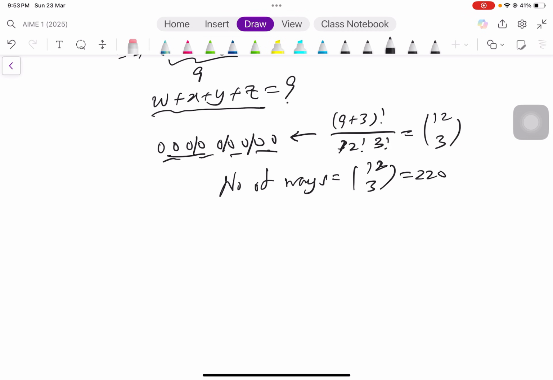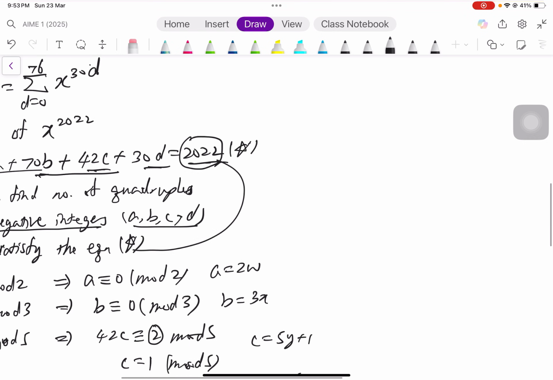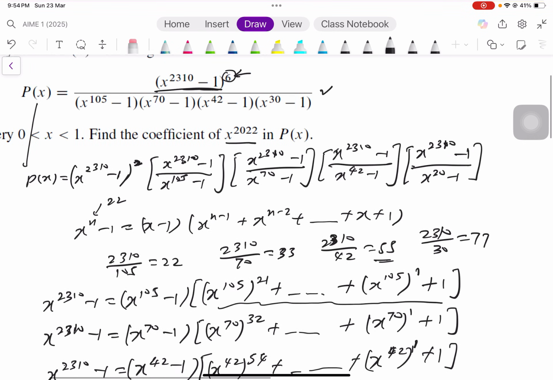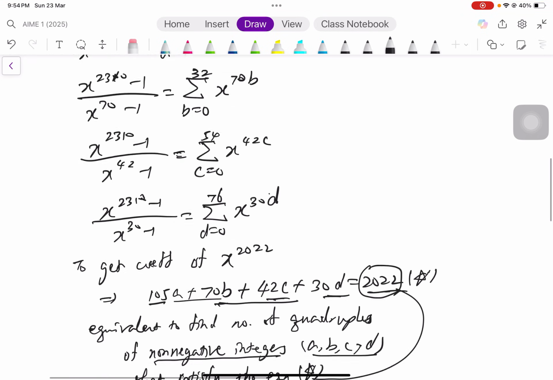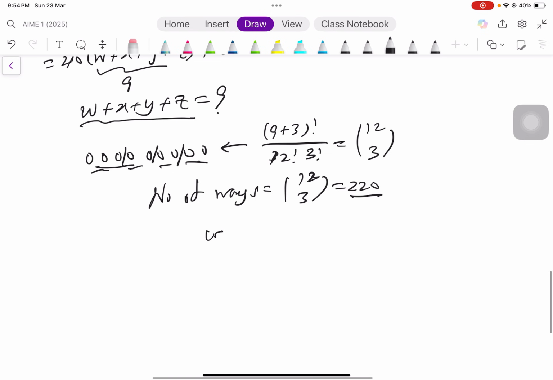And that is the coefficient of x to the power of 2022. Therefore, the coefficient of x to the power of 2022 is just 220. Yeah, that's it.